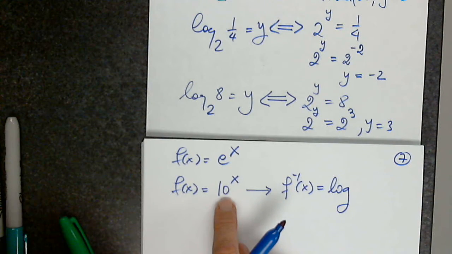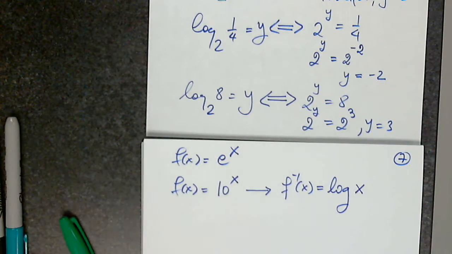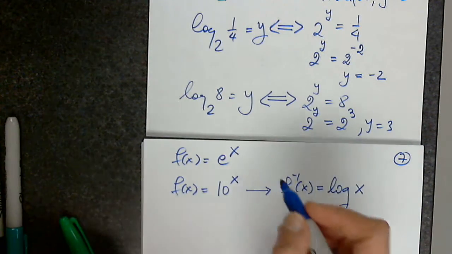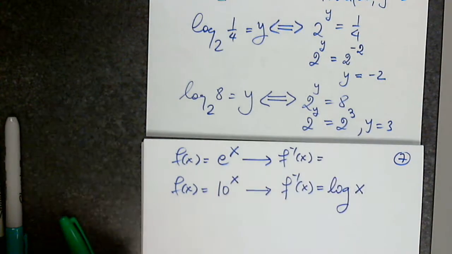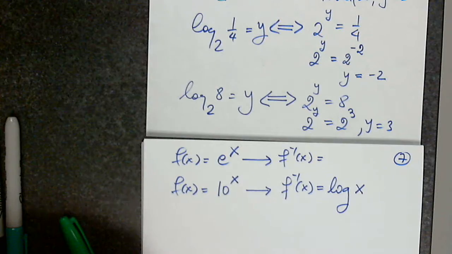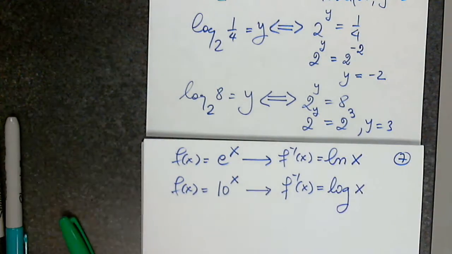I know it's base 10. And this one has the inverse function. It should be log base e, but it's denoted by ln. And of course, they bear pretty similar names.